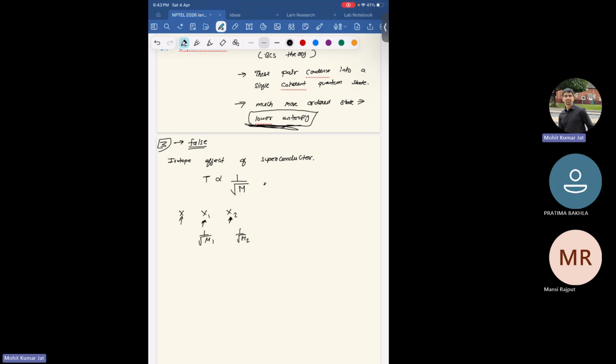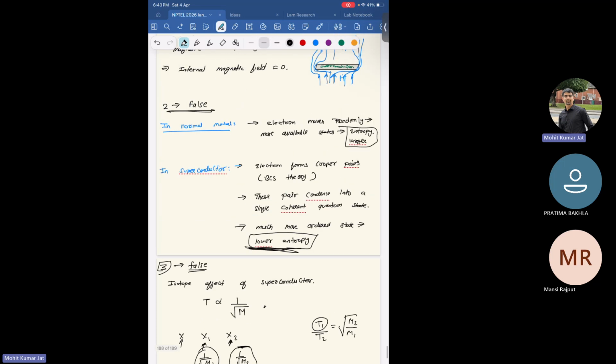So if you know the critical temperature of one isotope, you can estimate the critical temperature of the other by taking the ratio T1 by T2. If I measured T2, I can directly calculate T1. That's the use case of this isotope effect.